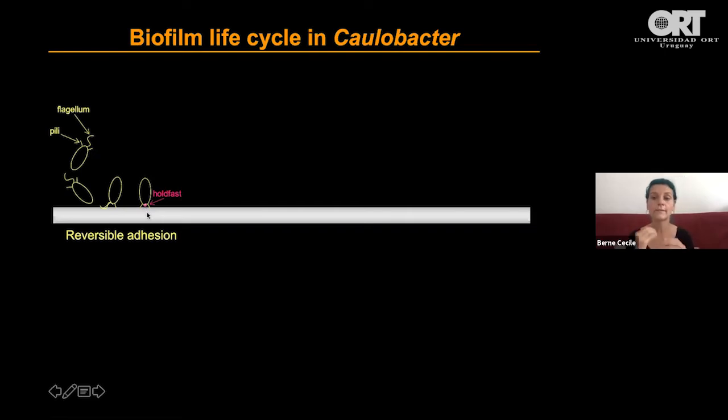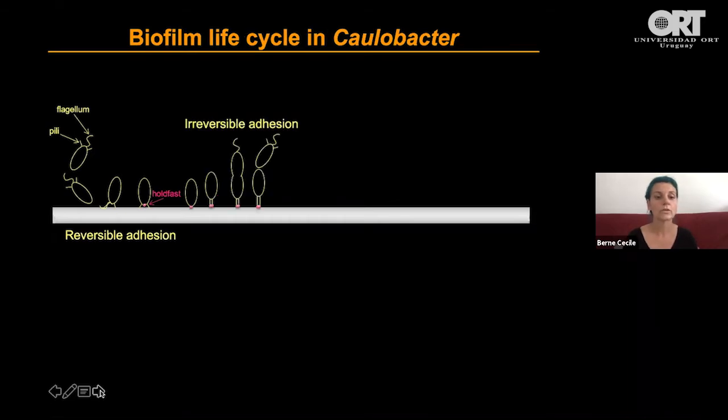The holdfast is the adhesin that will help Caulobacter to stick to the surface. Once the holdfast is formed, the bacterium will then differentiate into a stalked cell. It will grow like a stalk, and so it's actually pretty cute. And it will divide to make a new swarmer cell. And the cell is stuck to the surface only thanks to the holdfast.